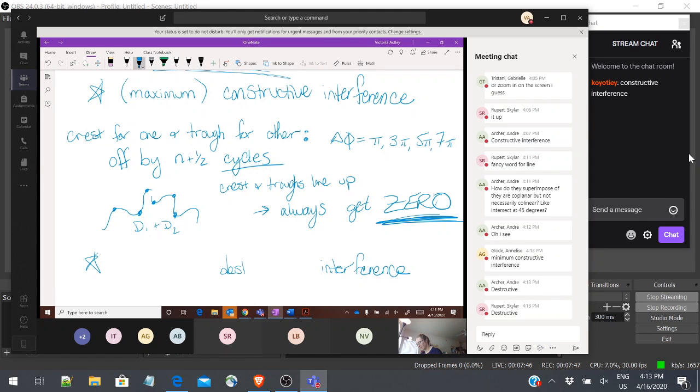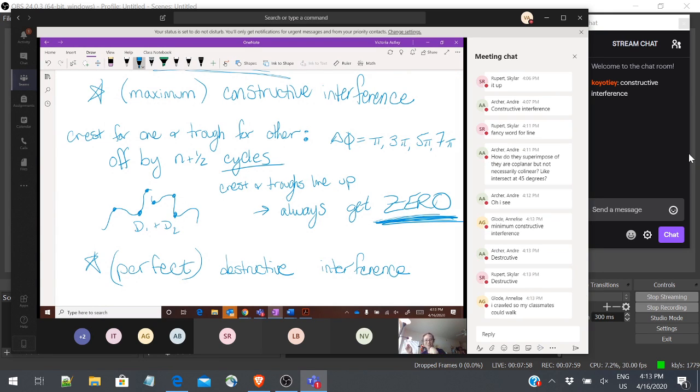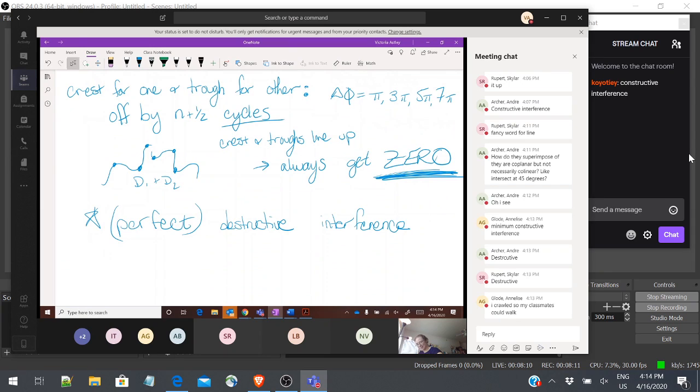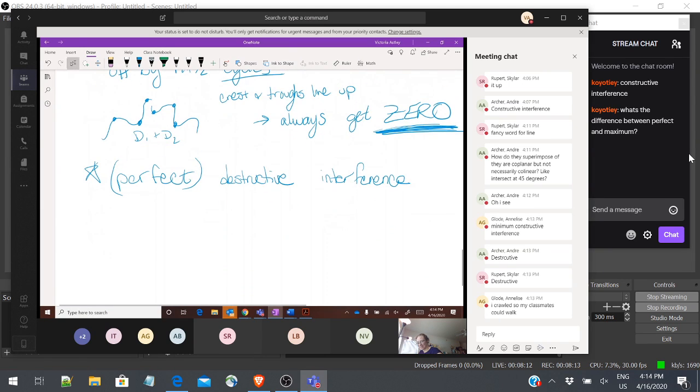In fact, it is perfect destructive interference. And again, we usually say destructive when we mean perfect destructive, but the technical term is perfect. Someone's got to be the first one to say it. Okay. Does this make sense? Okay.